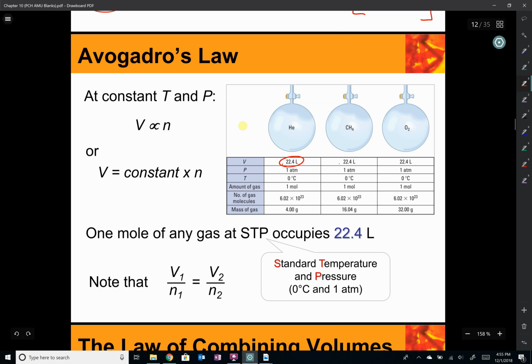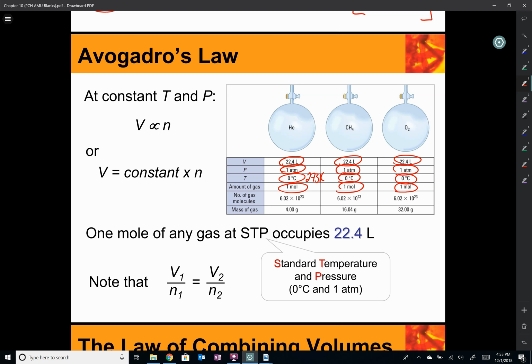Volume is 22.4 liters at 1 atmosphere and 0 degrees Celsius, which we could say is 273 Kelvin, and it's equal to 1 mole. And if you look at the top for all these gases, all these values are the same.